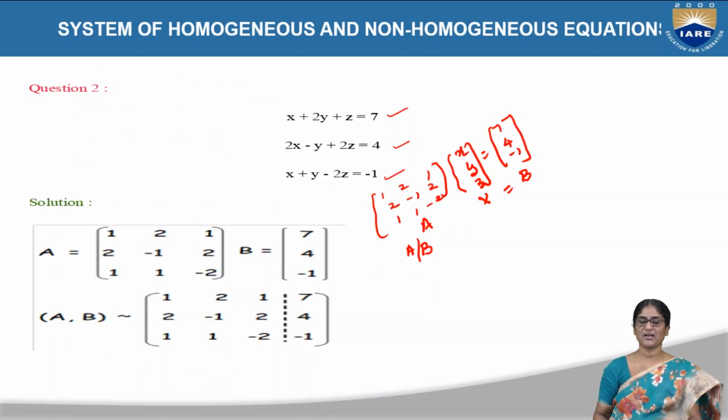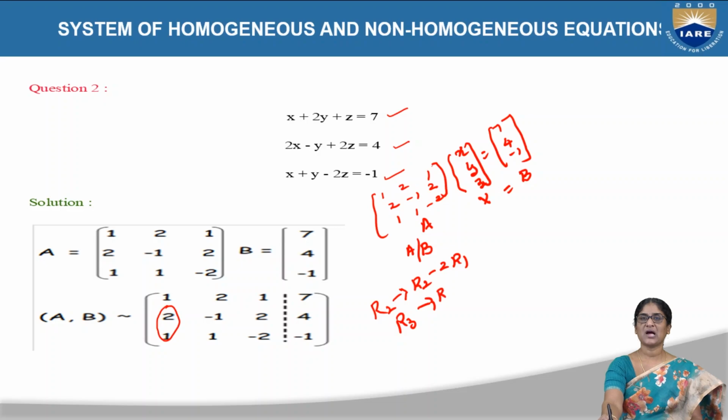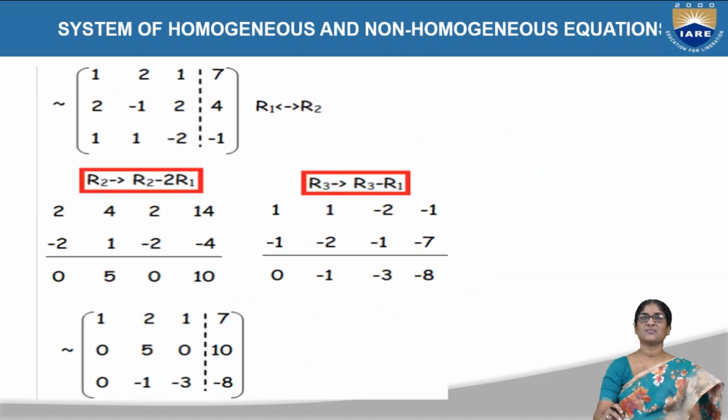Here the R21 and R31 values can be converted to 0 using the operations R2 gives rise to R2 minus 2R1, and R3 gives rise to R3 minus R1. So in this way these two can be converted. Let us see what result we get.